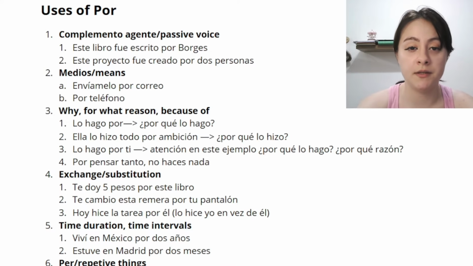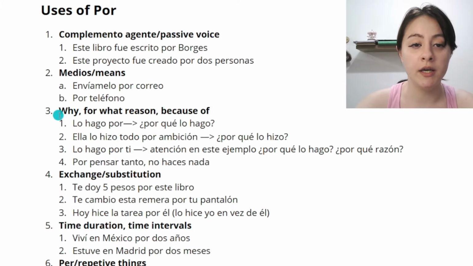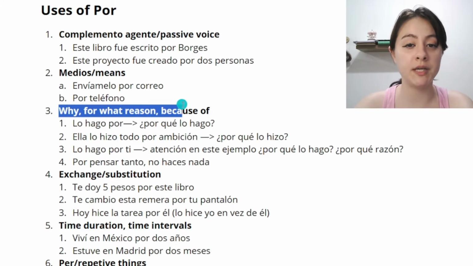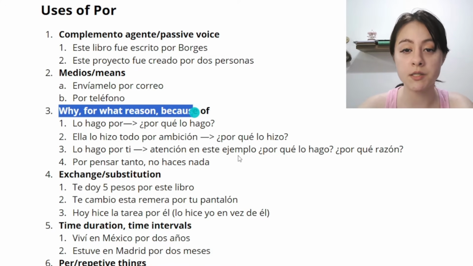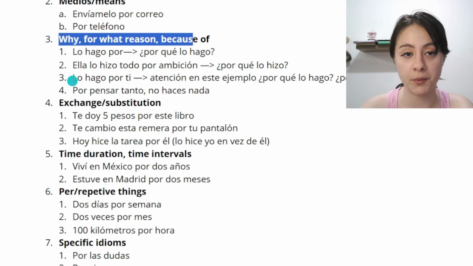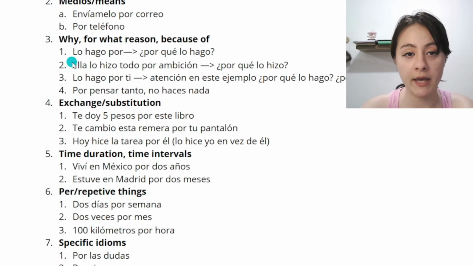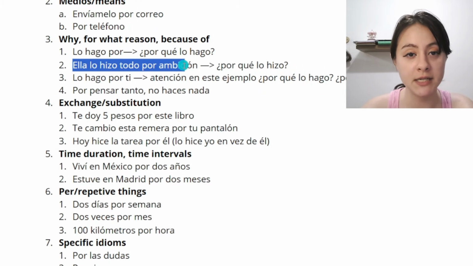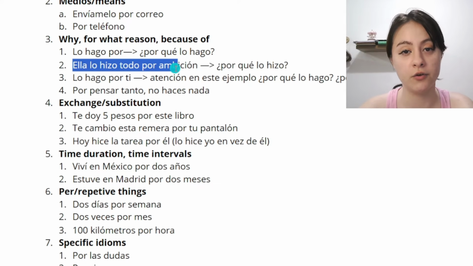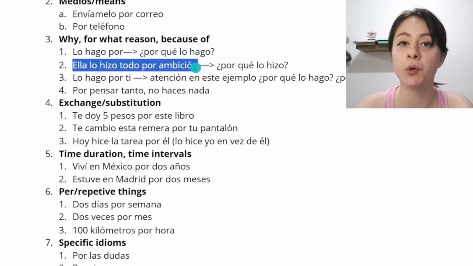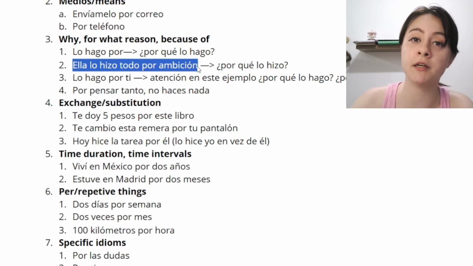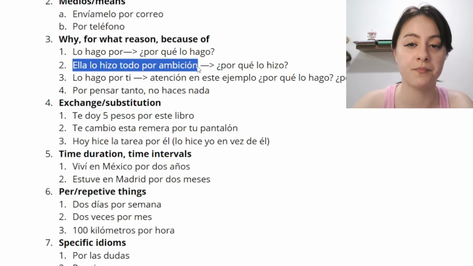Third case, it is to express the why, the reason, or because of. For example, ella lo hizo todo por ambición. She did it all, or she did everything for ambition, or out of ambition, because of ambition.